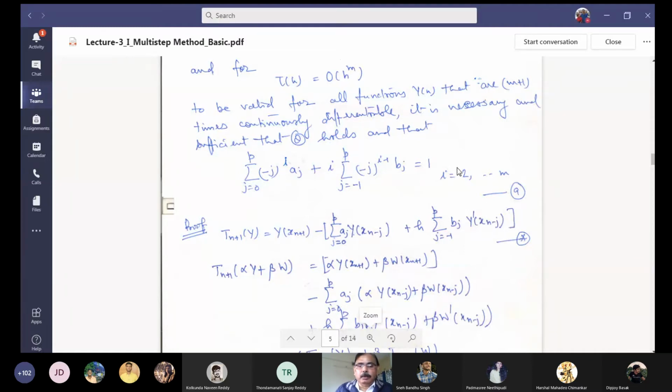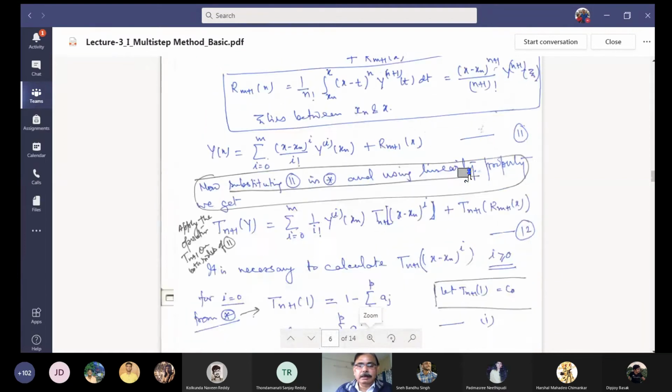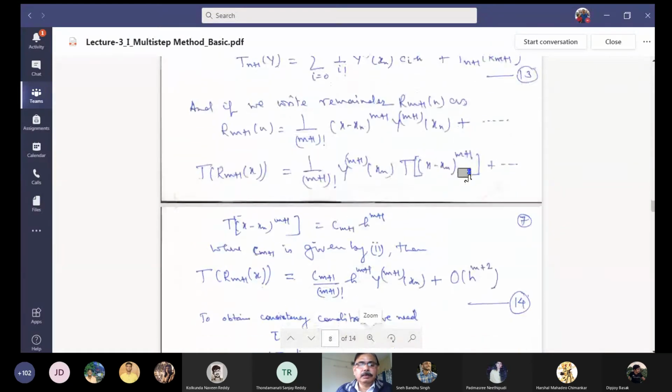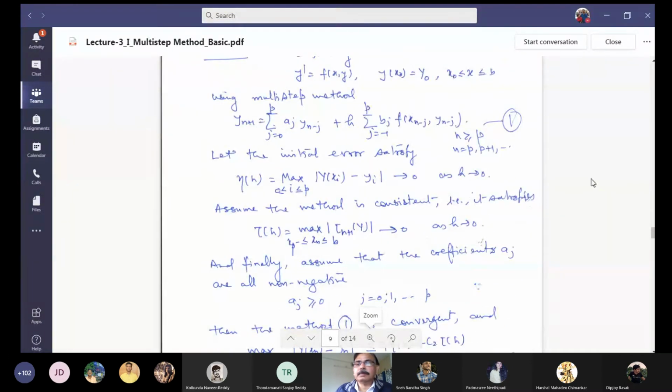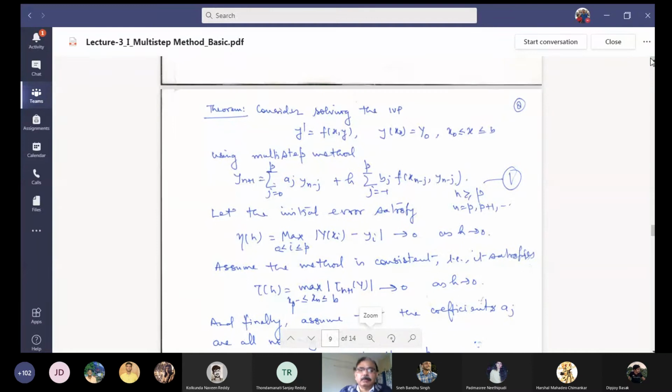Okay, so next theorem, which I have hinted during the theory part when I was developing the methods. This is the second theorem. Now, either you say the speed or you say the order of the method, both the things are same. Now, let us consider the initial value problem y prime equal to f with the initial value given. The domain is x0 to b, and the general multi-step method I have already written here.